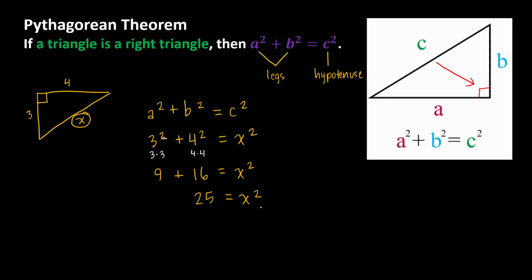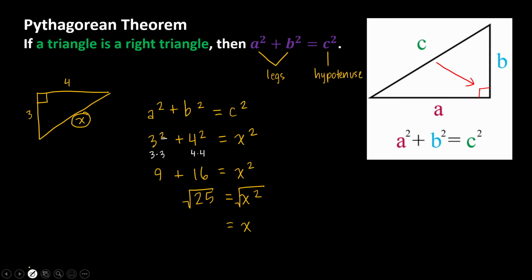To get x by itself, the opposite or inverse of squaring a number, because x is a number, the inverse of squaring a number is taking the square root. We need to take the square root of both sides of the equation. So the square root of x squared is x, and the square root of 25.